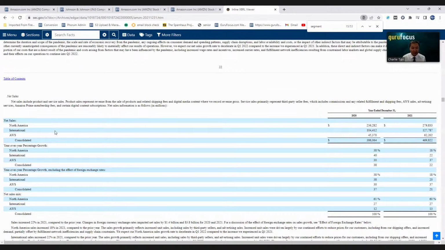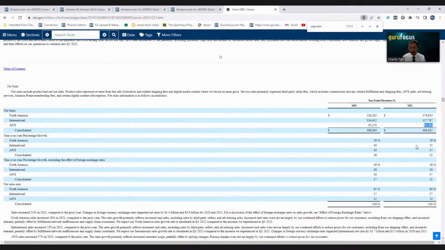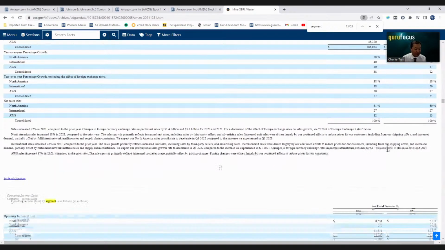You can see that in the case of Amazon, North America is that much in sales, and then international and AWS. It tells you the different portions. AWS's sales are actually not that much, but the profit is much higher.